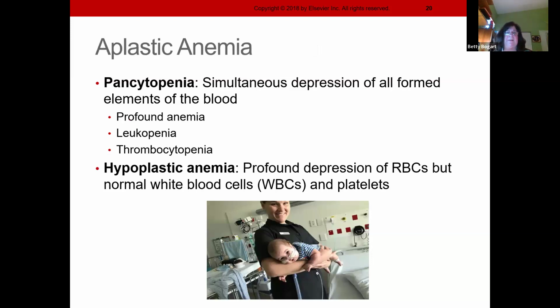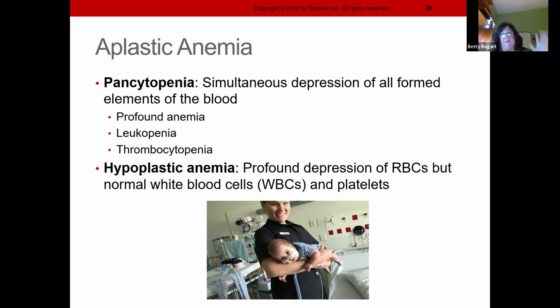Now, aplastic anemia. Usually we talk about aplastic. It's a pancytopenia. It's all formed elements of the blood aren't working. That means your hemoglobin, your hematocrit, so you're anemic. Leukopenia, your white blood cells are low, so you're apt for infections, right? And then thrombocytopenia, you have no platelets, so you're bleeding.